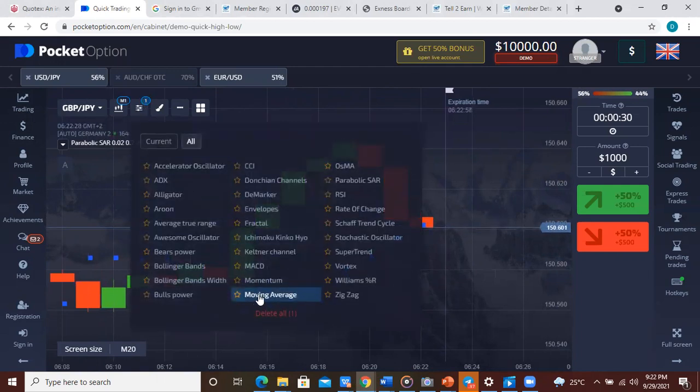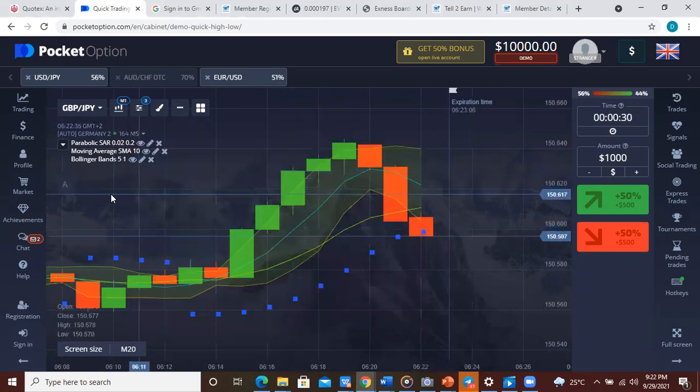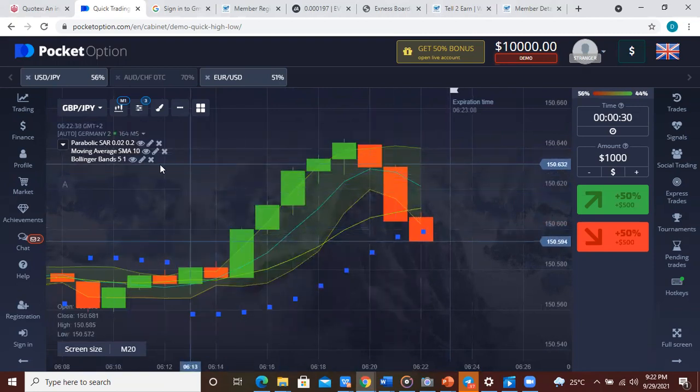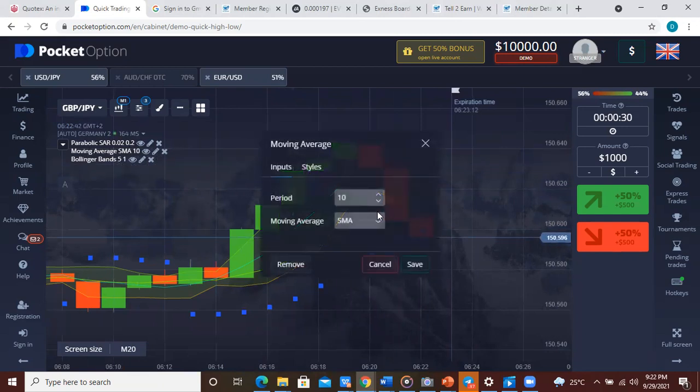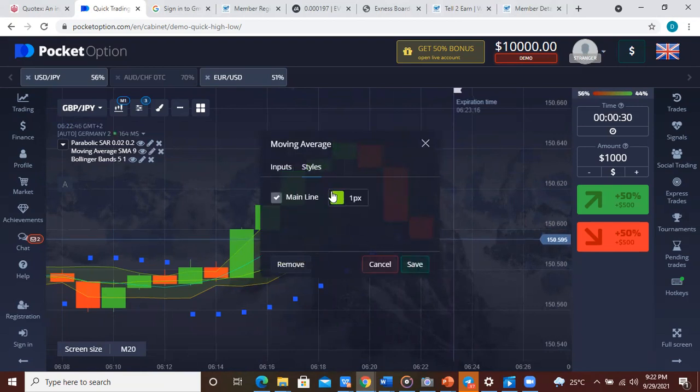Let me see something here. I have a moving average and then I have Bollinger Bands. Let me set my moving average period to 9, and let me give it this color.